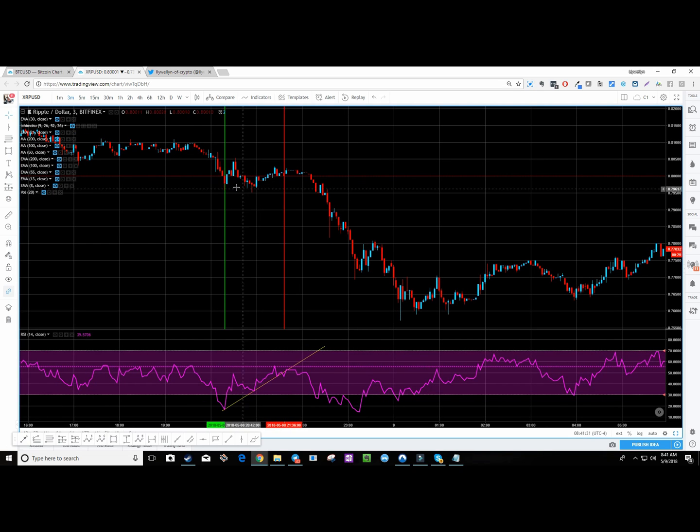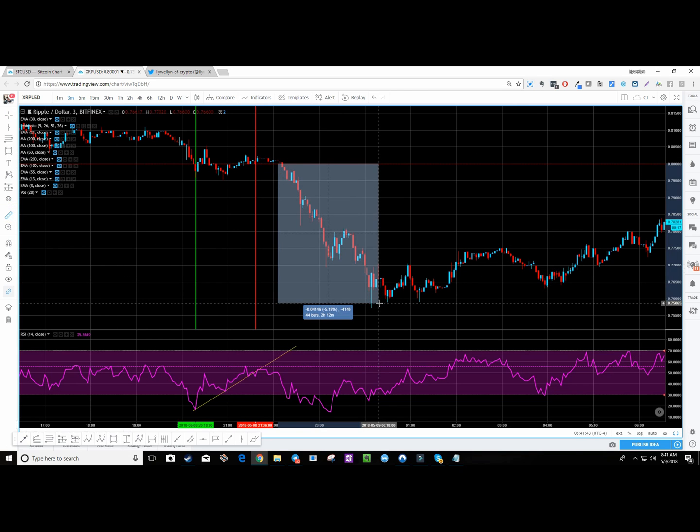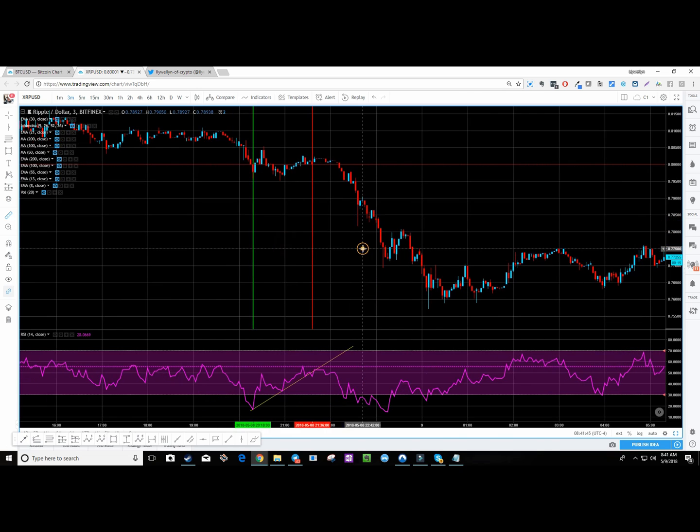So to recap, here was my initial buy position, and I'm holding this as it breaks down like this. It's a nice little 5% drop there. Fortunately, and this is part of the system too, I managed my buys pretty well.